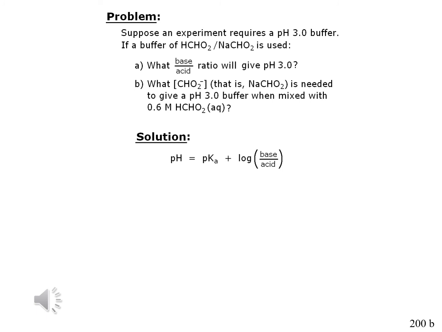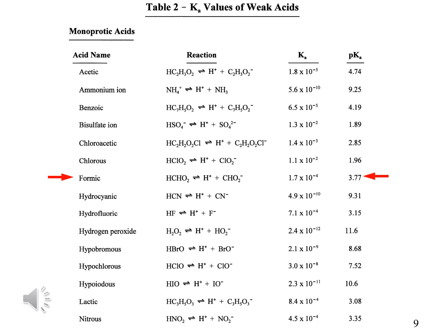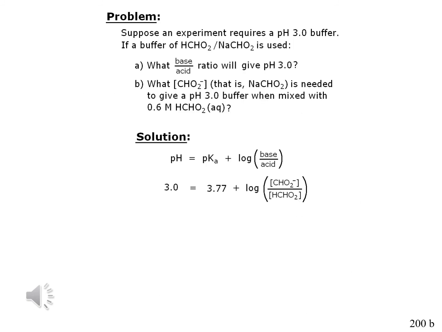Now let's finish this. Let's do this problem. We want to find first the base to acid ratio that will give you pH 3. The pKa of formic acid is 3.77, so buffers made with it are going to be acidic. So the way you plug this in is that you want to get a pH of 3. The pKa is 3.77, and the base on the top and the acid on the bottom. You're going to subtract 3.77 from both sides.